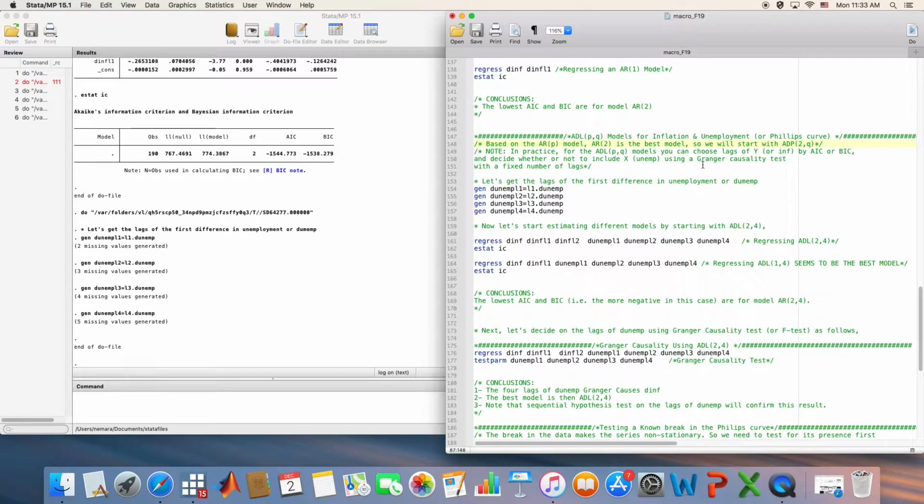This is an important note, okay? Now let's start by estimating different models, starting with ADL24, because anyway we will start from big to small. So let's start with 4 and test it based on, okay, let's do it with AIC.